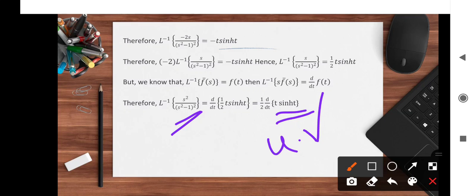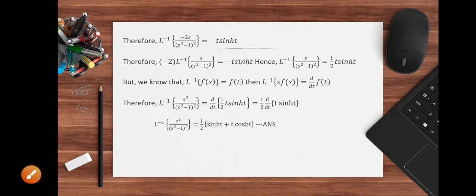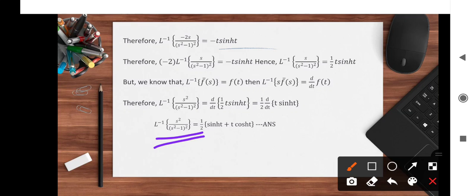Derivative of sinh t is cosh t only. So using the uv rule of differentiation, we get the answer as 1 by 2 into sinh t plus t cosh t. So this is our final answer.